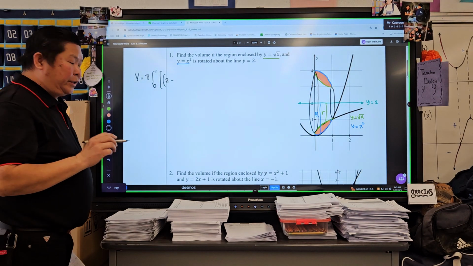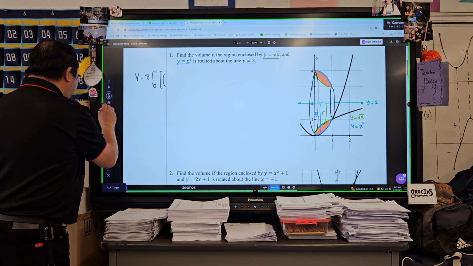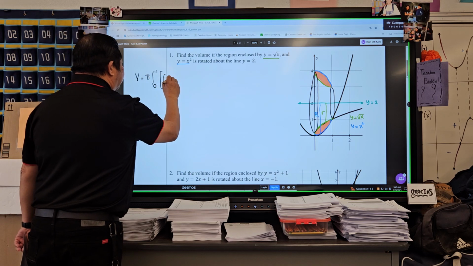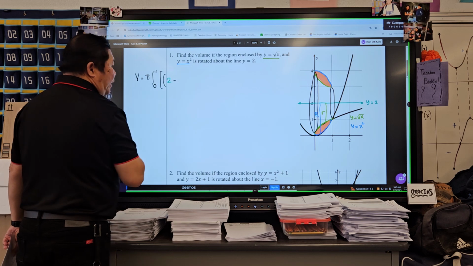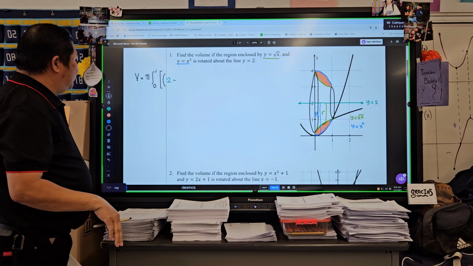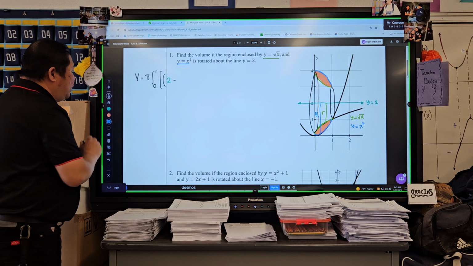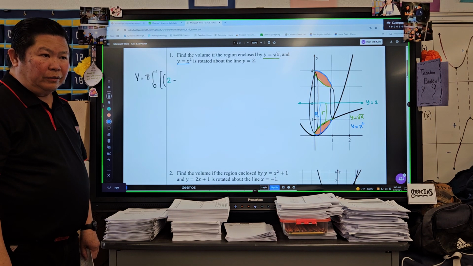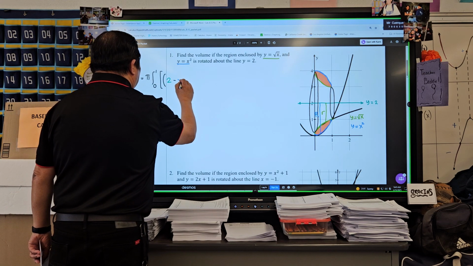So we have 2, to be subtracted by the bottom, the blue color. What is the blue color? It's going to be x squared.